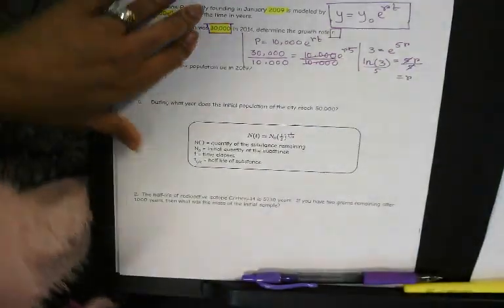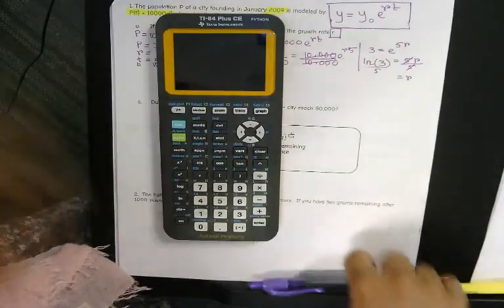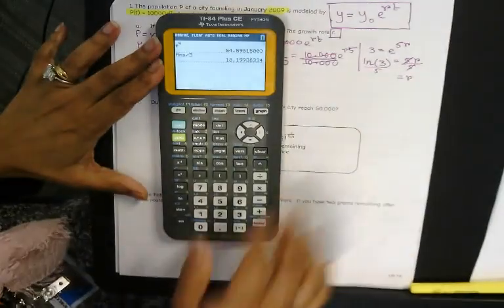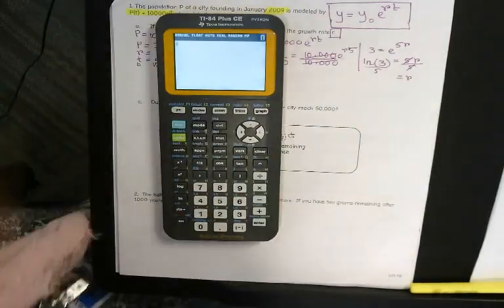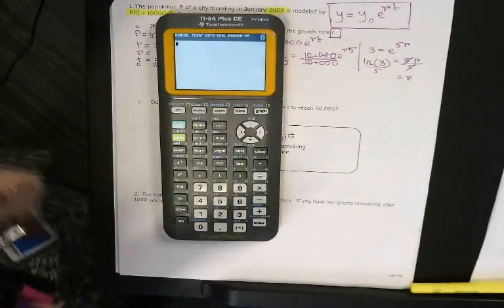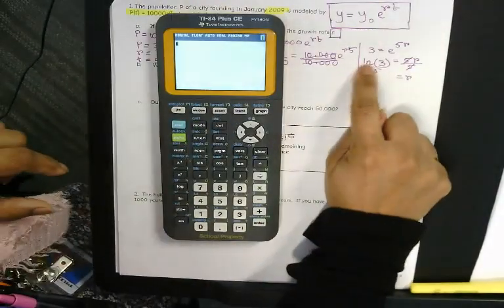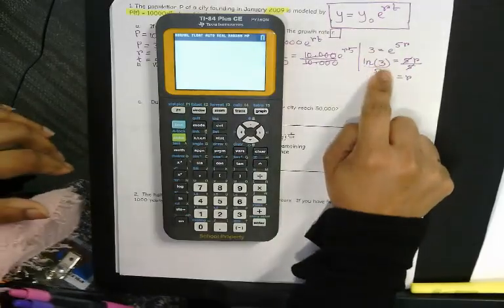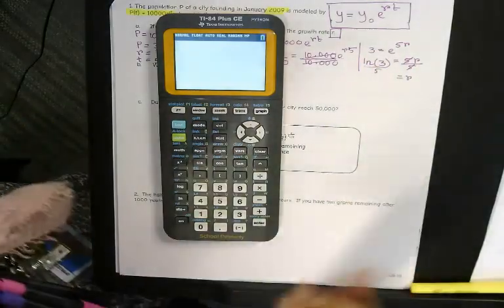I can put it in the calculator. Pay attention to my calculator operations, please. If you are good with it, great. Otherwise, look at it. I'll clear my calculator before I do anything so it doesn't overcrowd my head. I'm putting in ln 3. There are two ways: you can put the entire thing in or you can do it separately. ln 3 over 5.